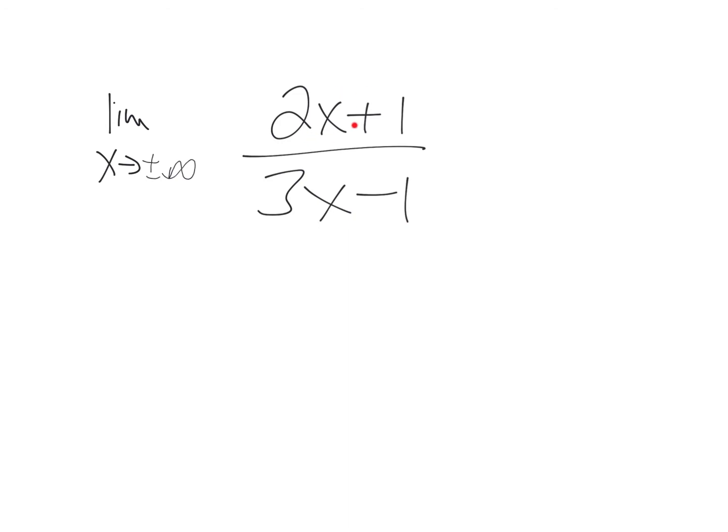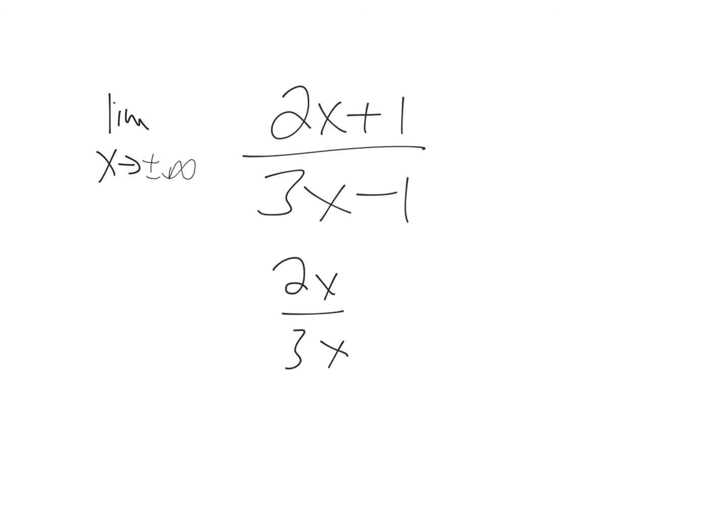Because two times a big number plus one isn't that much different from two times the big number. And same thing for the denominator. 3 times a big number minus 1 isn't much different than 3 times that big number. So basically what we can do at infinity is ignore the plus or minus 1.